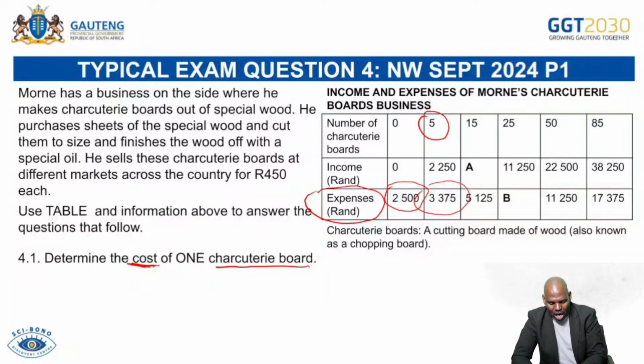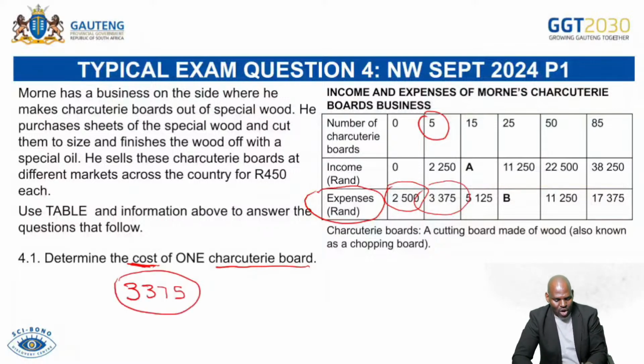So it means now in this 3,375, we need to subtract that fixed expense. So we take 3,375, we subtract 2,500.